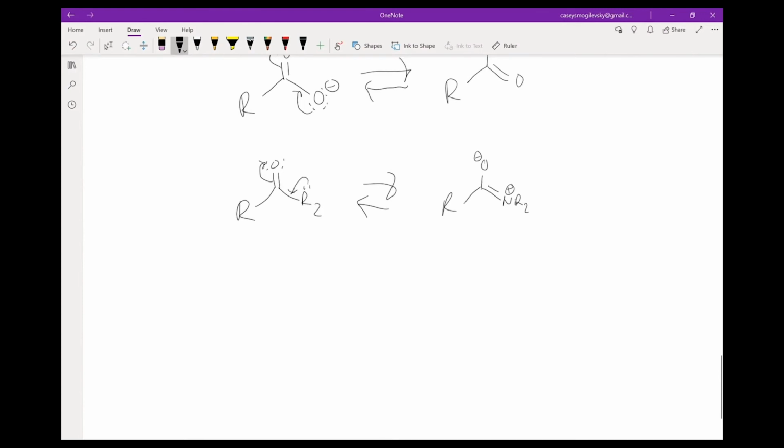Let me draw this a little bit better. Many of you can appreciate why this is not an equal resonance contribution, because this structure is not as good of a resonance structure. There's separated charges. It's not particularly stable.